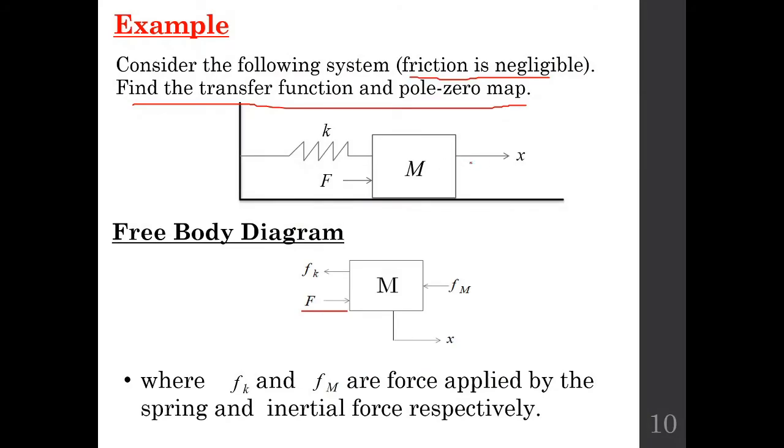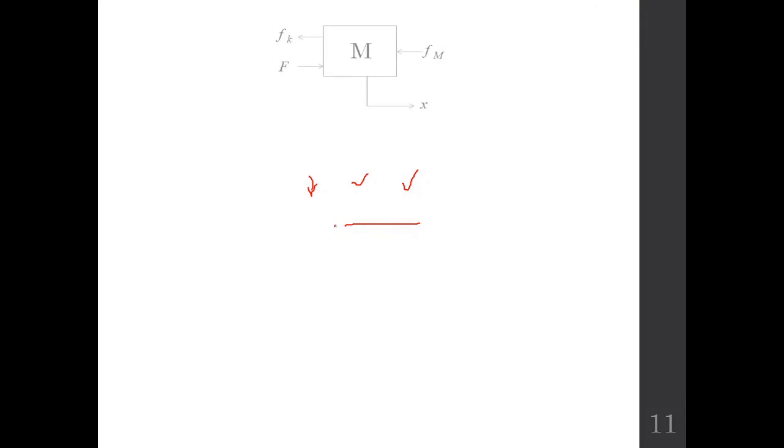So if we just go back, our body is moving in this direction. So if we want to find out the force applied by a spring, it will simply be equal to k into x.